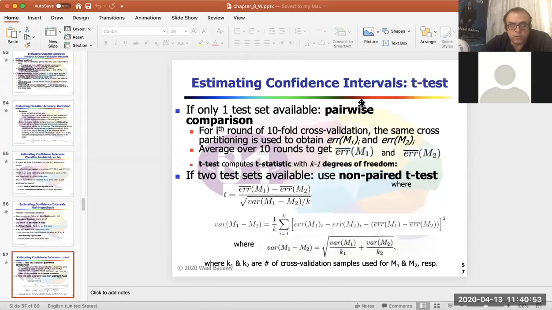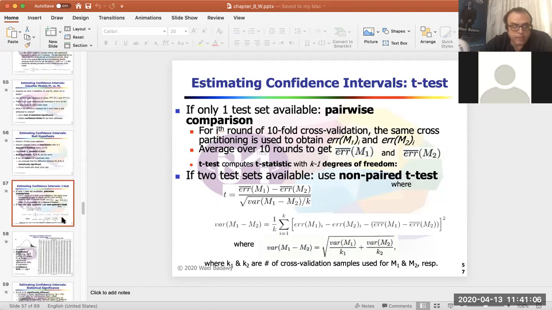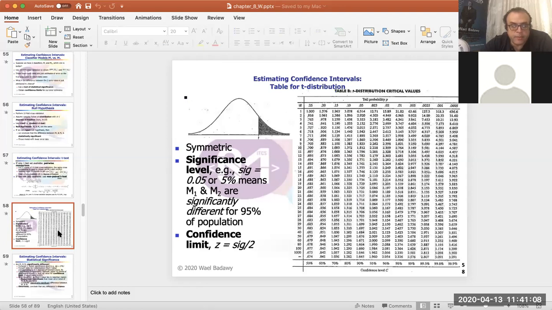I can also use a paired t-test, where if I have one test set, I can compare over rounds, which will give me different errors, and then I can compute the average error. These are different techniques. Here, I can estimate the interval. I will have different probabilities, and then I can estimate the confidence using the t-distribution.